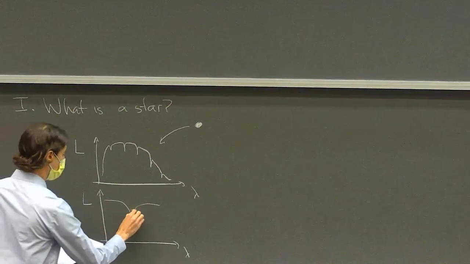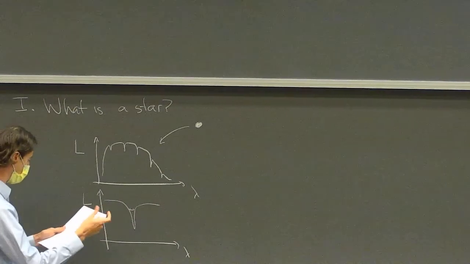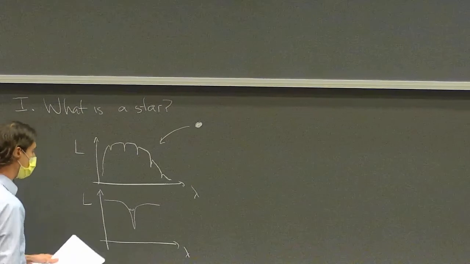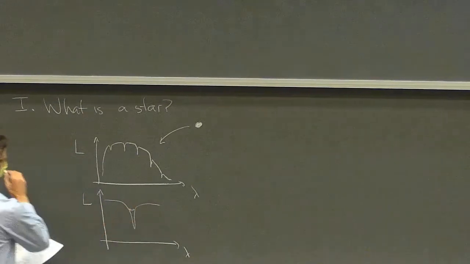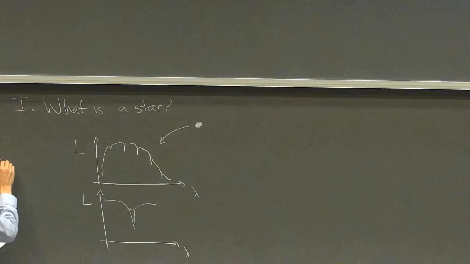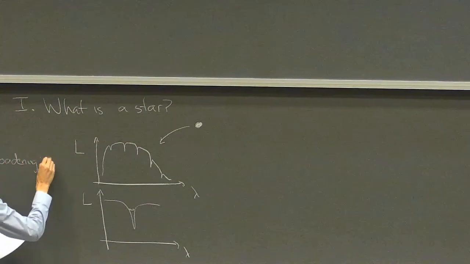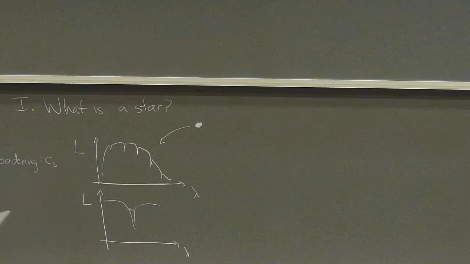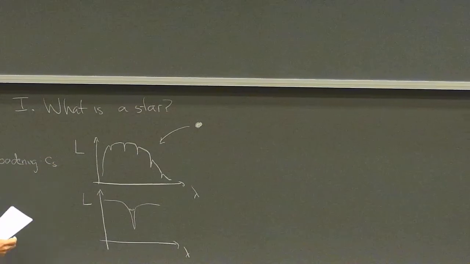One thing you could look at is the typical width of the line. That has to do with line broadening. It could be many things, but one of the main things is that the broadening can be related to the sound speed, because if you have some thermal motions, that's going to broaden your lines.